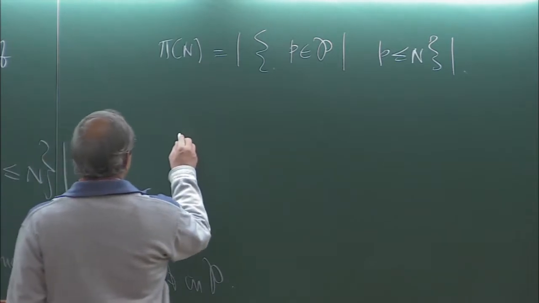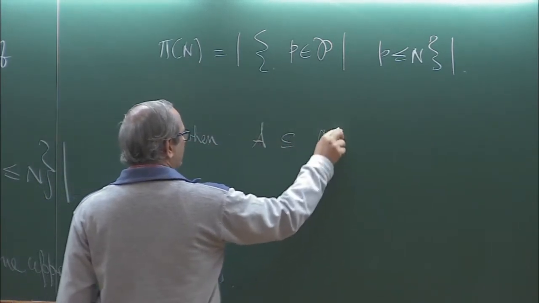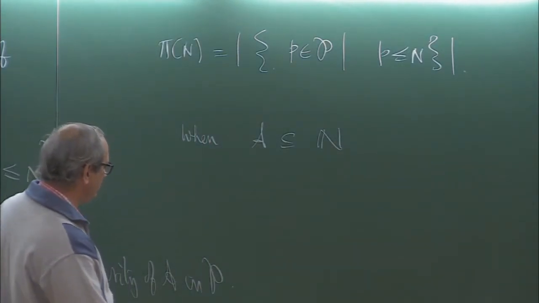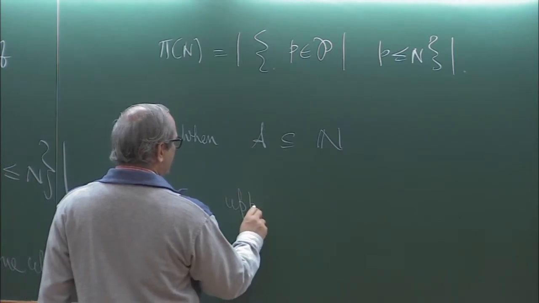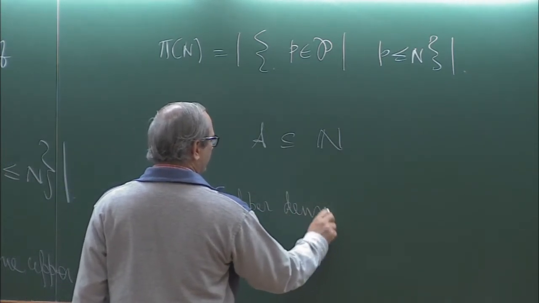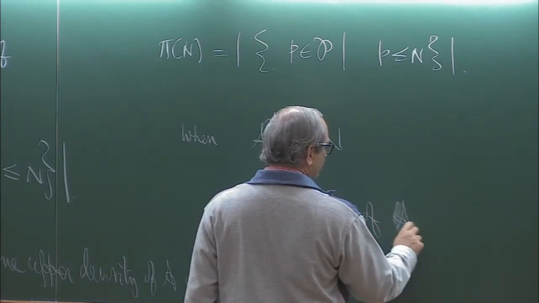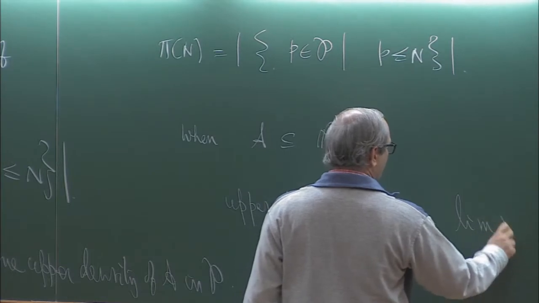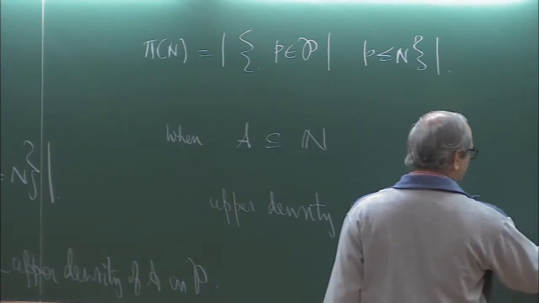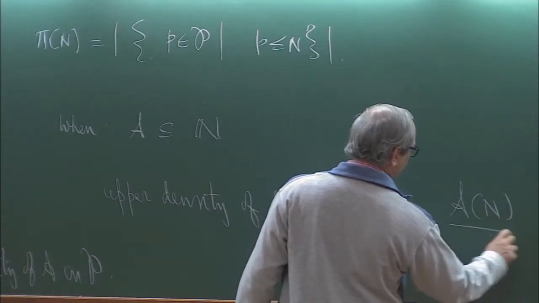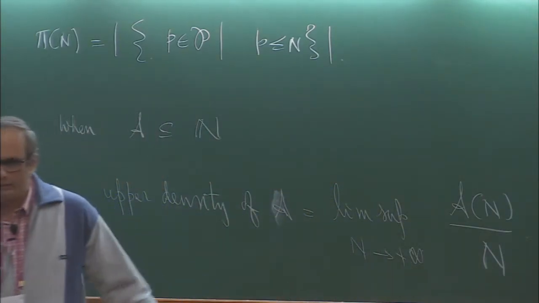So when A is a subset of N itself, considered only as a subset of N, then the upper density of A is the limit supremum as n tends to infinity of A_n, this time by the total number of natural numbers up to n, that is n.